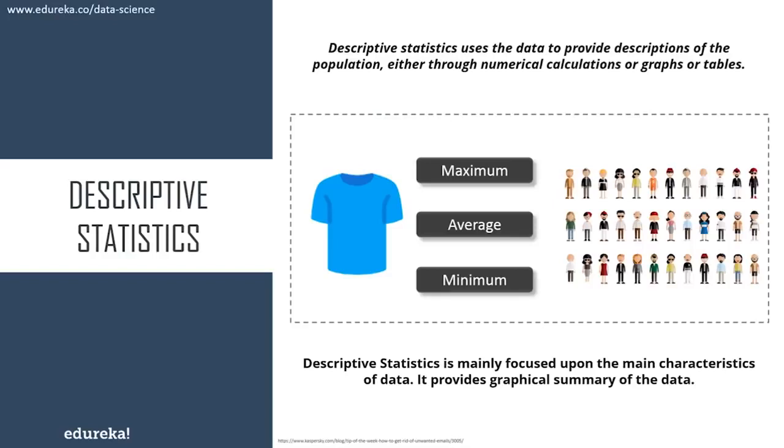So to study the average shirt size of a student in a classroom, if you were to use descriptive statistics, then what you would do is you would record the shirt size of all students in the class, and then you would find out the maximum, minimum, and average shirt size of the class.